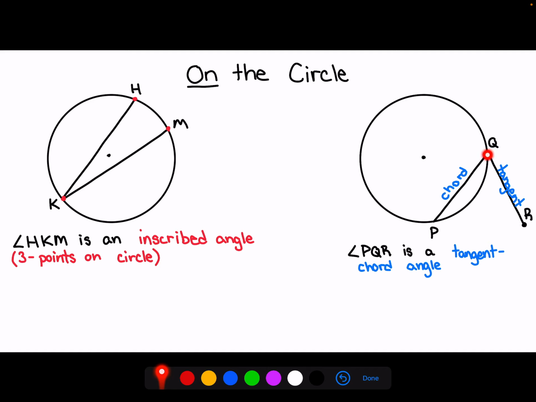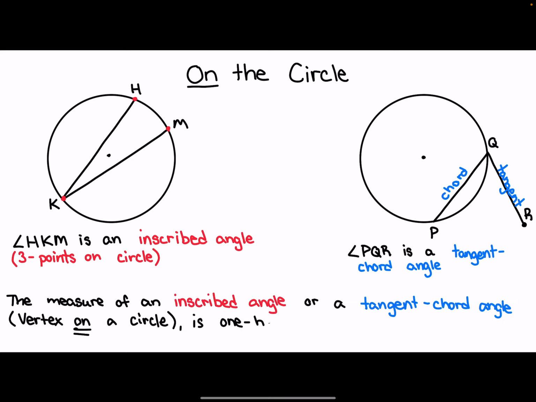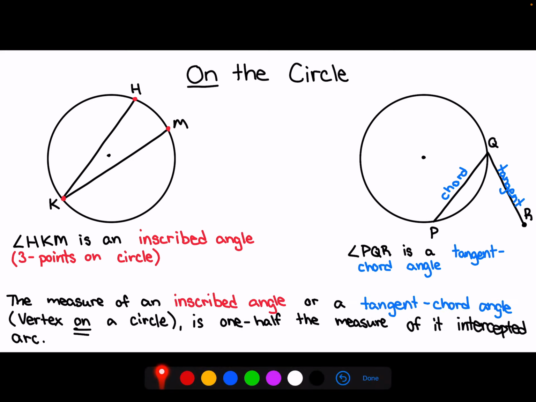It's point Q. So if you ever run into an angle that is on your circle, you will be able to find that angle because it will always be 1/2 the measure of its intercepted arc. Now, when I say intercepted arc, that's the arc that is cut off by the angle measure. So in this case, HM is the intercepted arc. And with our tangent chord angle, PQ is our intercepted arc. It's being cut off by the angle itself.